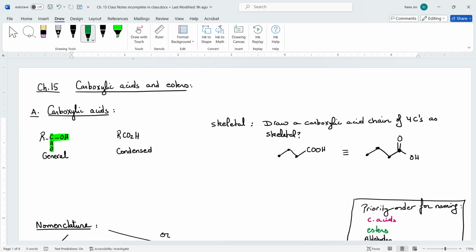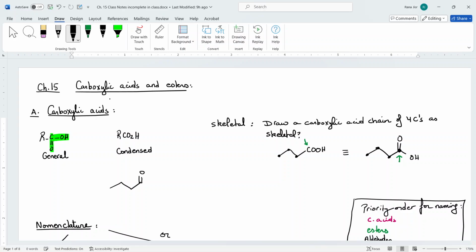And guys, you have to count the carbon of the carbonyl. This is one of the carbons of the chain, okay? So when you're looking at the long chain, you include the carbon of the carboxylic acid in there. Both of those are representations of the skeletal form.